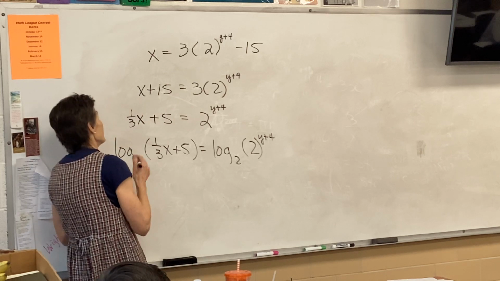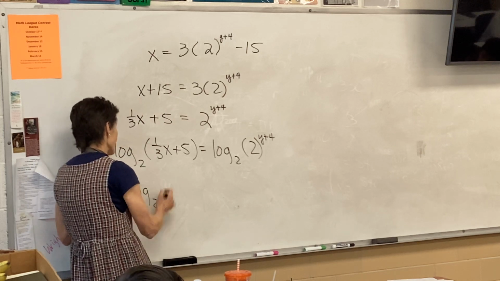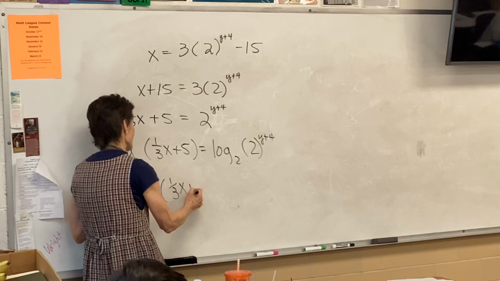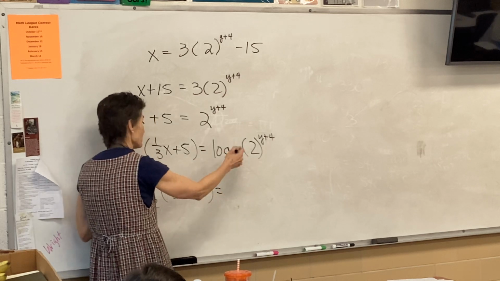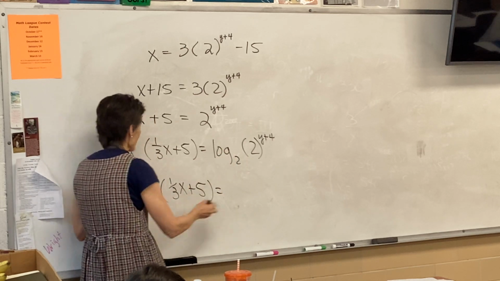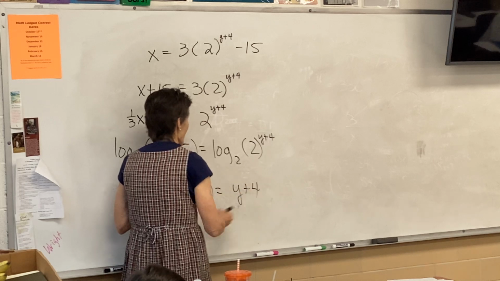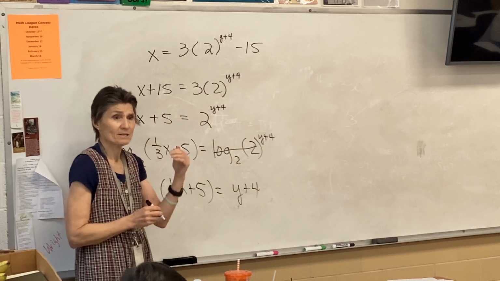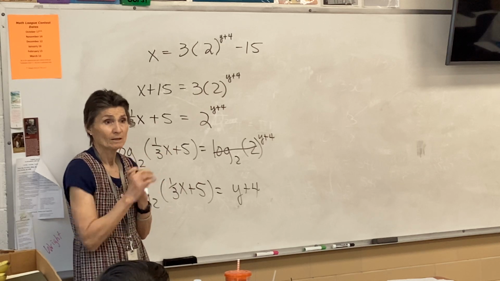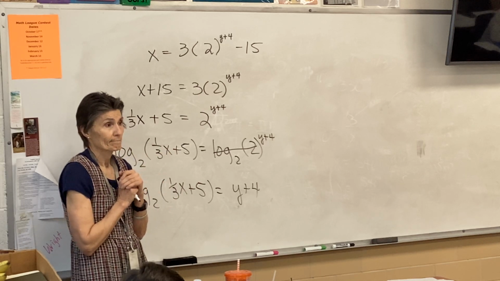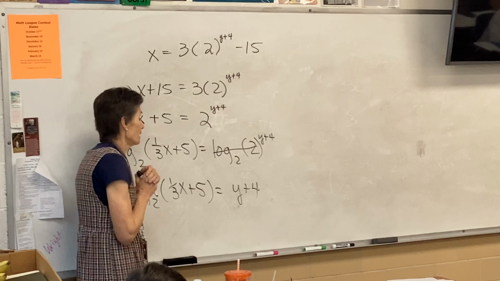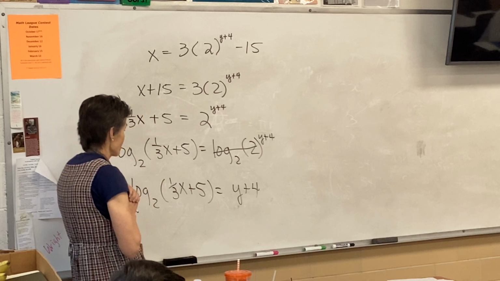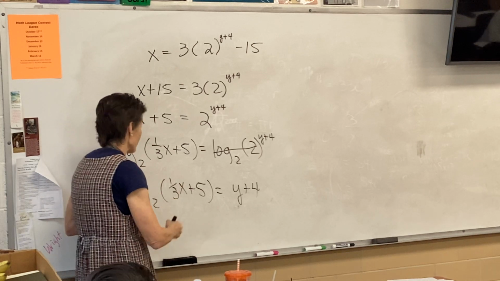So, this side stays exactly as it is. Tell me what happens on the other side of that equation though. What happens over here? That's just y plus 4. That's the beauty of using the log base 2, because the log base 2 of 2 is 1. Okay. Now all I have to do is subtract 4.